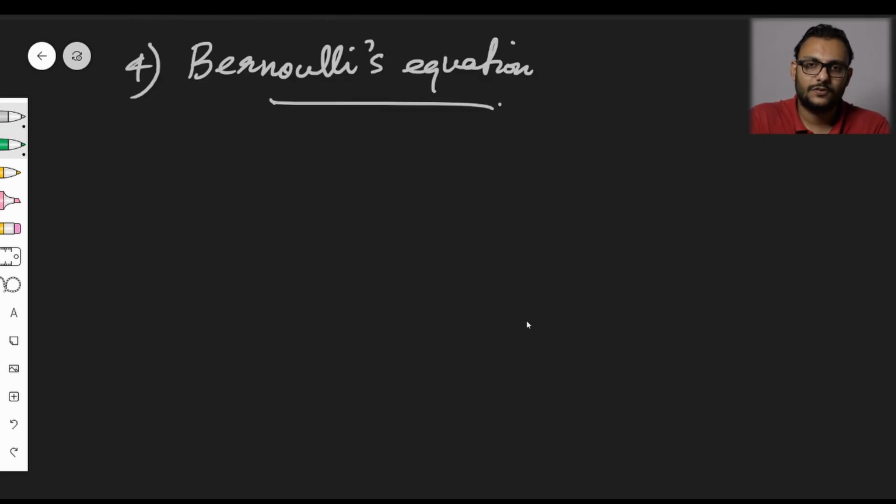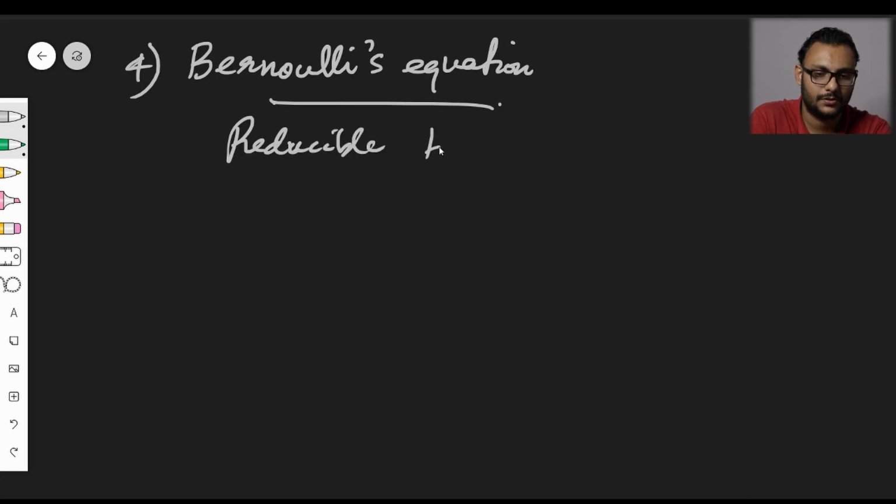The fourth type of first order differential equation is actually a special case of linear differential equation. It is termed as Bernoulli's differential equation, or it is also known as reducible to linear differential equation. This is actually a non-linear first order differential equation, but we can reduce it into a linear differential equation by a substitution.